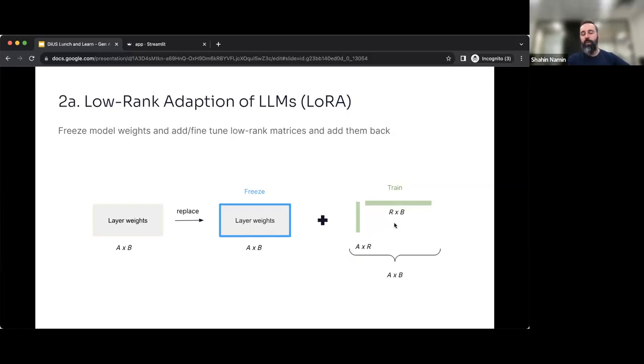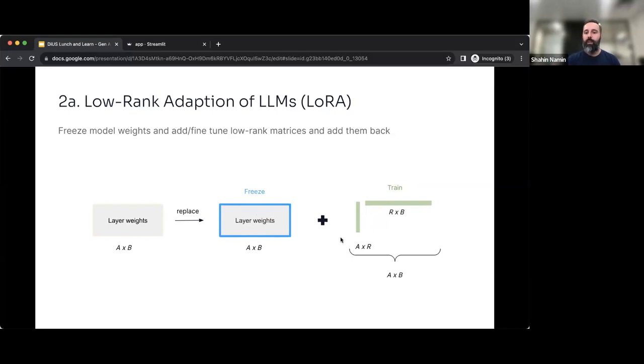So these are two lower rank matrices. The number of parameters in these two matrices is much lower than what you find in the actual layer weights, and therefore, the memory requirement will be much lower. You've frozen the original weights and basically trained these two matrices. And you just add these back to your frozen weights after you train these models.